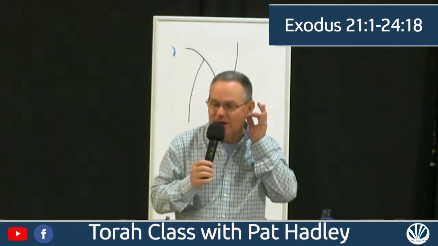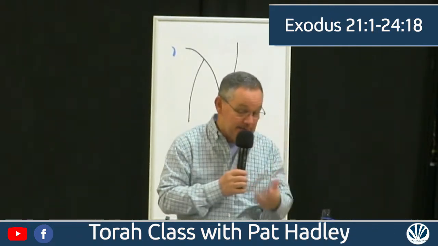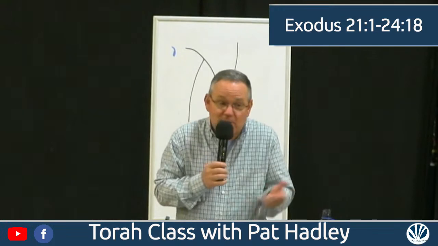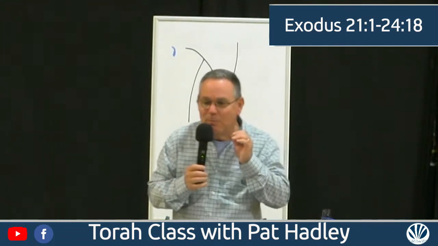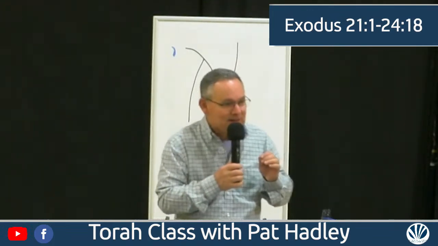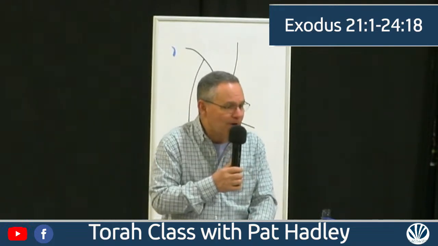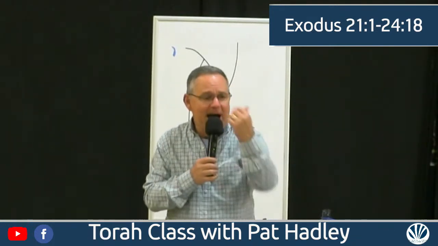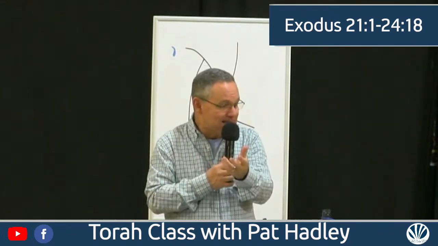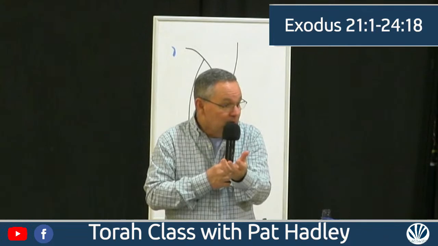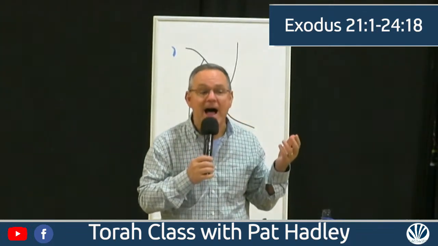Apparently there's not a lot of nerves in your lobe there, and apparently in the day it was normal for men or women to have their ears pierced. That wasn't a big deal. But what's amazing about this is, where does this happen? The door of the house, as an expression that this individual said basically, I don't want to go out from your house.